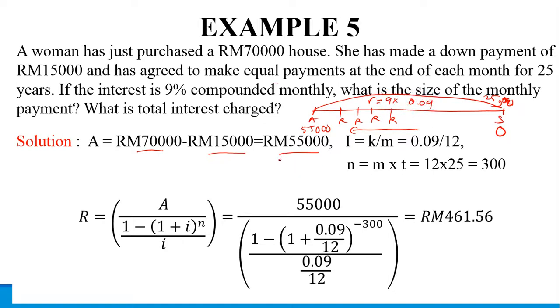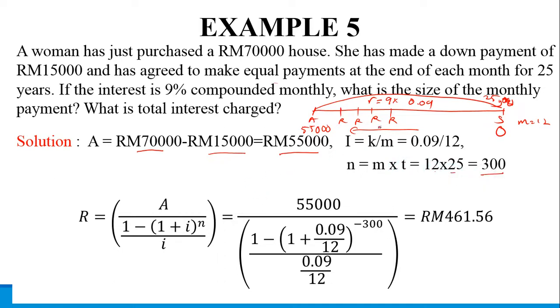What will happen here? I find that I first, which is 0.09 divided by 12, because m is monthly, so it is 12, and n equals m multiplied by t, 12 times 25, 300.